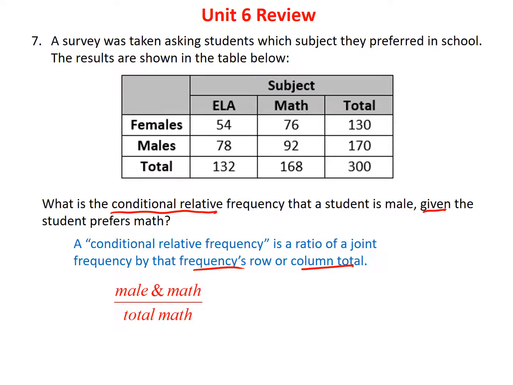So in this case, it's the males who prefer math to the total people who prefer math. That's the conditional part of it. And so notice the males who prefer math is 92, and the total people who prefer math is 168. So my ratio is 92 to 168, or 0.54761. We'll round that off to about 55%, which is our answer.